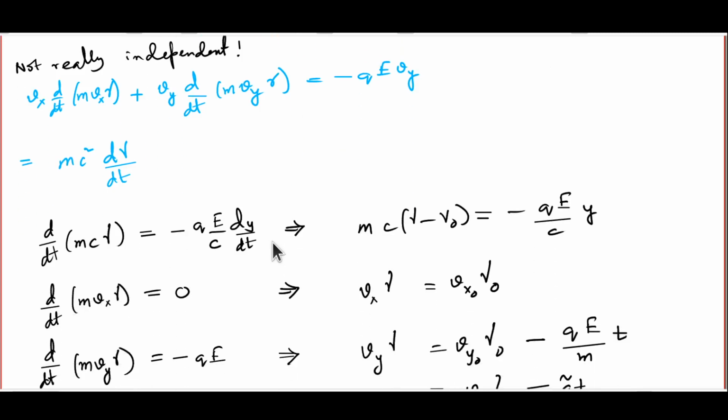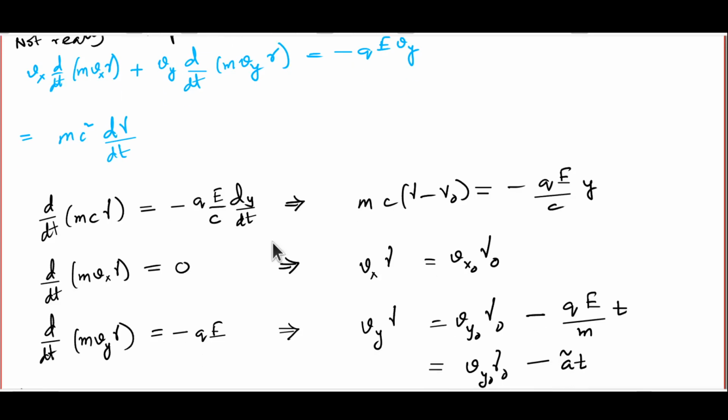And the other 2 equations, which essentially talk about components of the momentum, are really rather trivial to integrate. d/dt of mv_xγ being 0 immediately integrates to v_xγ being equal to v_x0γ0. Here, of course, v_x0 and v_y0 are the initial values of the components of the velocity of the electron, and γ0 is the initial value of the gamma.